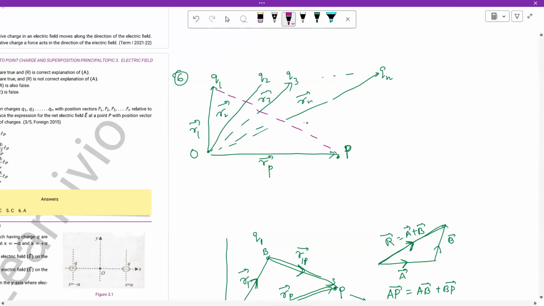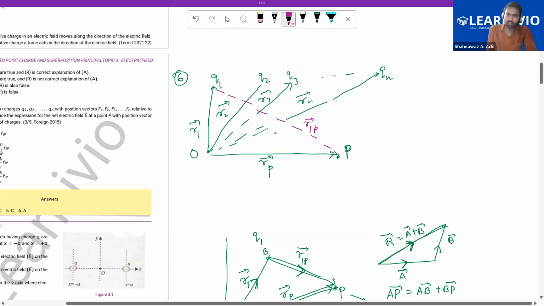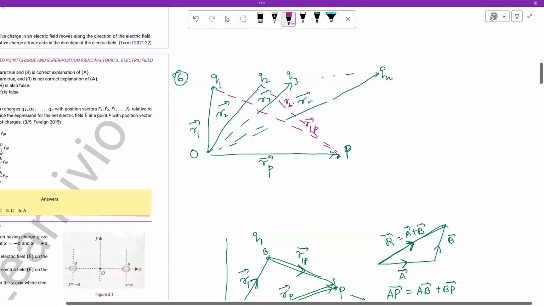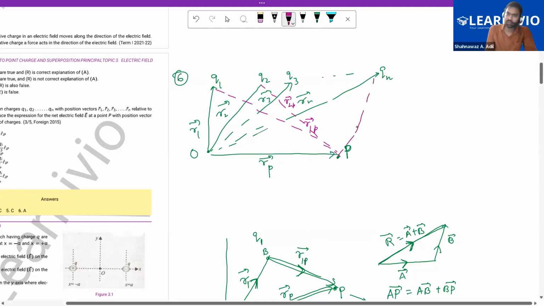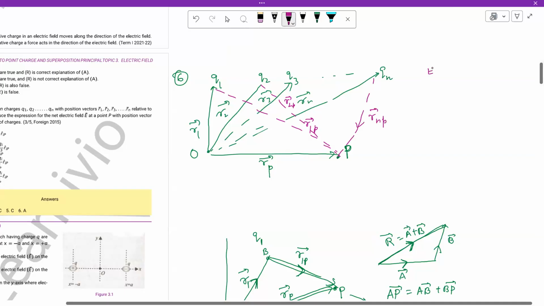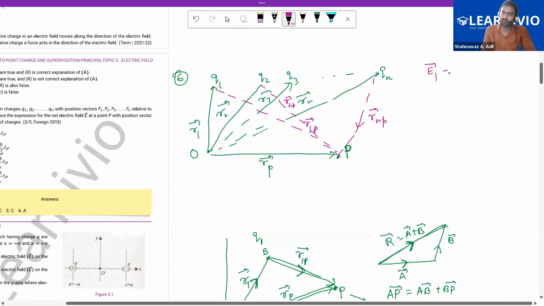And from this one, this would be R1P vector. This one would be R2P vector. Good. And this would be RNP vector. Right. So if I write E1, we have just understood this would be K Q1 over R1P square and then R1P hat.